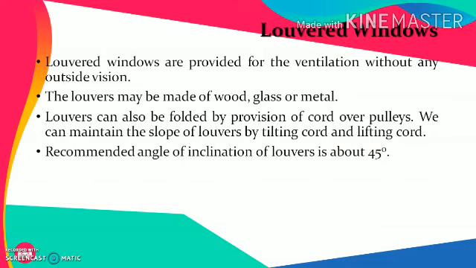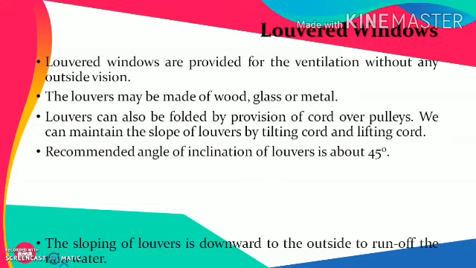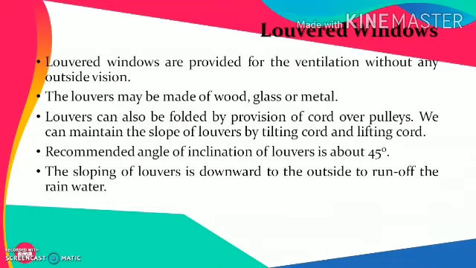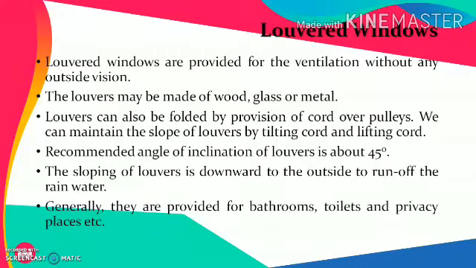The recommended angle of inclination of a louver is about 45 degrees, so they can restrict the view. The sloping of louvers is downward to the outside to run off the rainwater. Generally, they are provided for bathrooms, toilets and privacy places, etc., where ventilation can be achieved in the form of movement of air, but no vision is generally permitted.